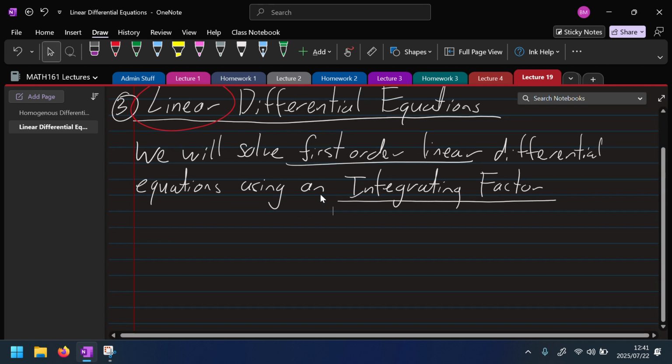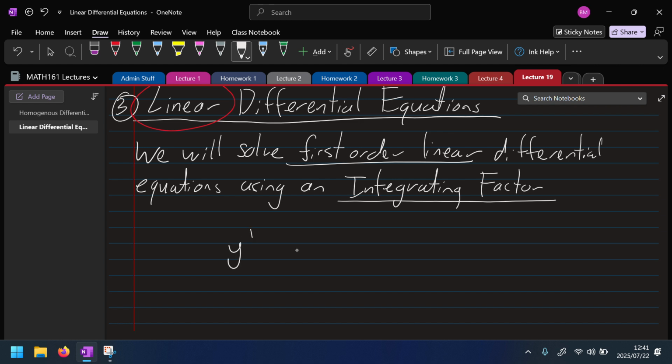We can write them out generally as y prime plus some function p of x times y is equal to q of x. This is the standard form. It has to be linear, so there's no y squared or y cubed or tan of y or anything like that. If it's linear, it must just be y.